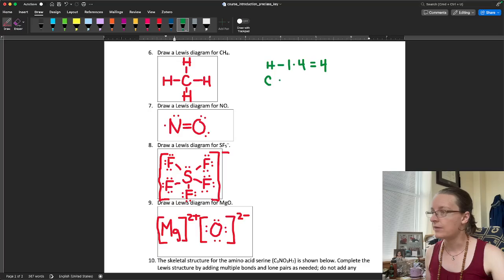Each carbon has 4 valence electrons, but there is only 1 carbon, so that gives us 4 more electrons. Adding that all up, we get a total of 8 valence electrons that we need to put somewhere.